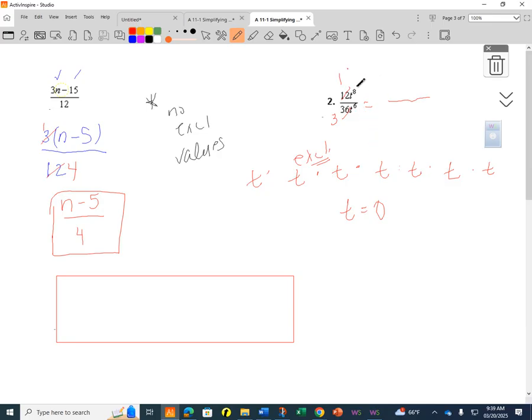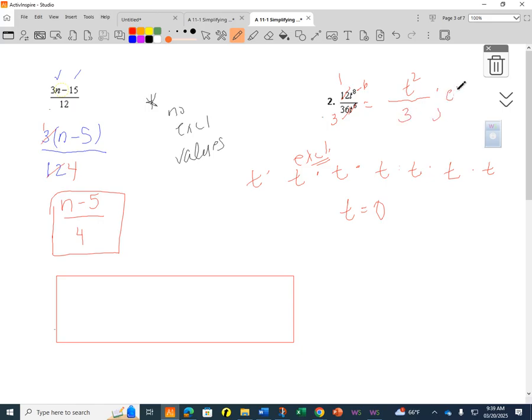Subtract their exponents, right? So t to the 8th minus 6 is t to the 2nd power. 1 times t to the 2nd is t to the 2nd. And now we have 3 left in the bottom. So that is your final answer.